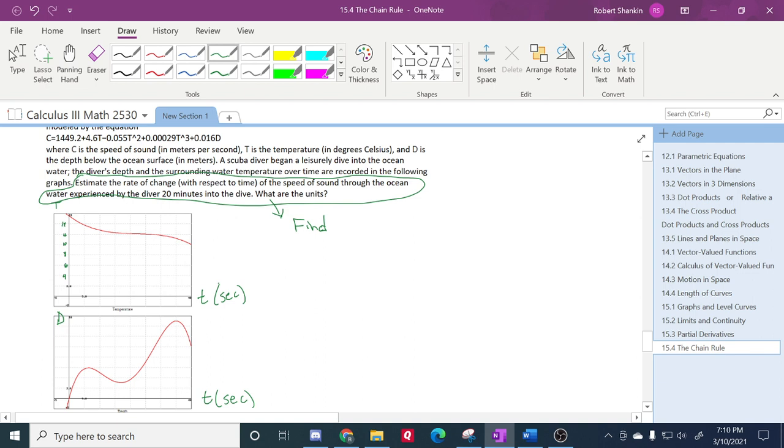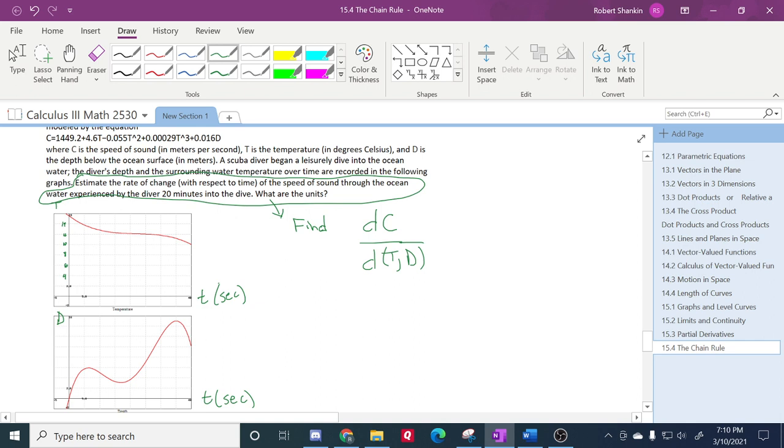So I would say dc over dt comma d, or something like that. It's like a derivative of two variables on the bottom. Kind of like this? Yeah, that's kind of what I had in mind. Okay, you're on the right track.